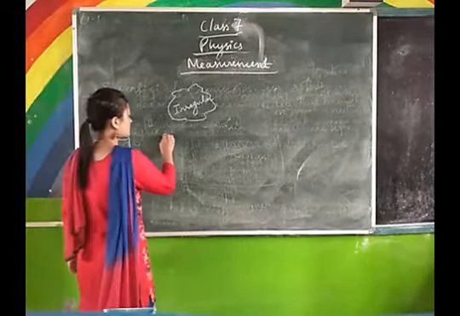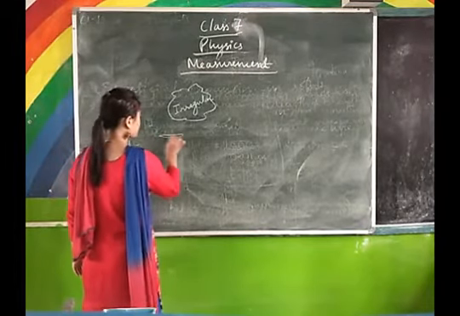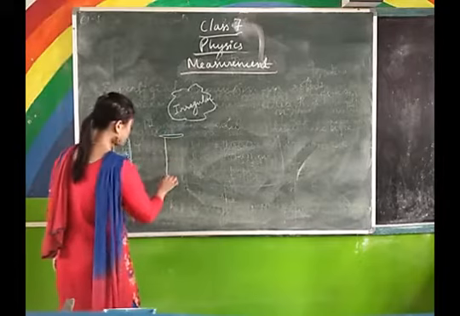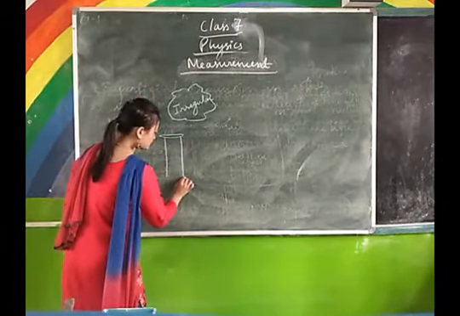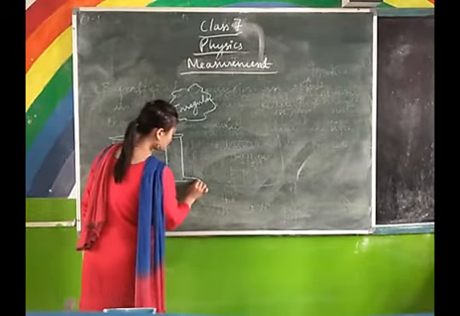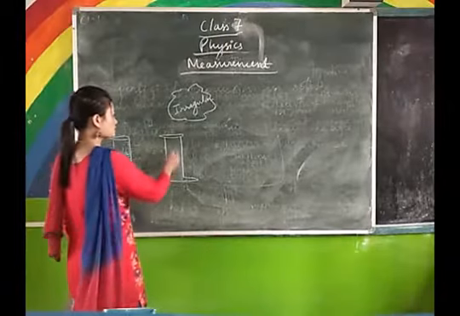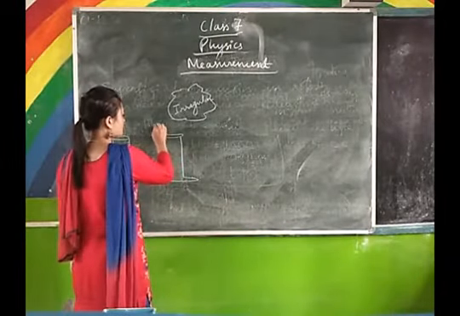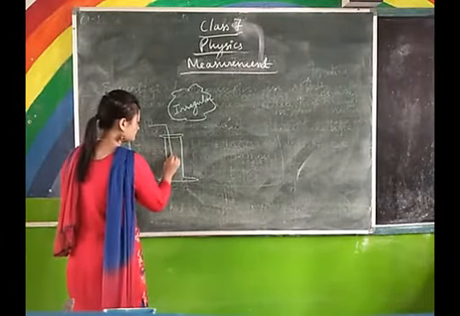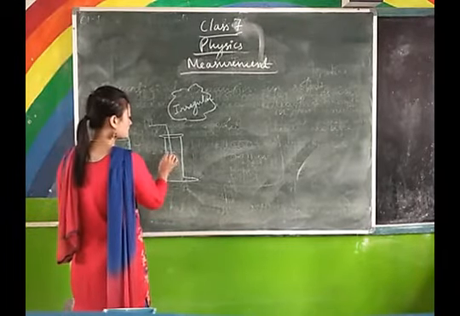Now in the same jar, in the same container, you don't know the mass of this rock. So what you need to do is put it inside. Okay, now when you dip this rock inside, what you will see is the level of the water.